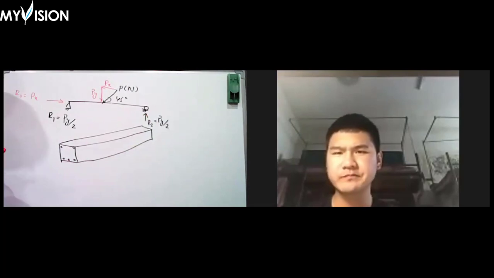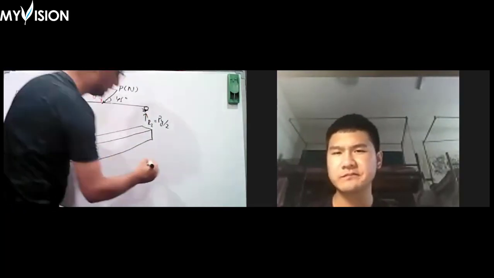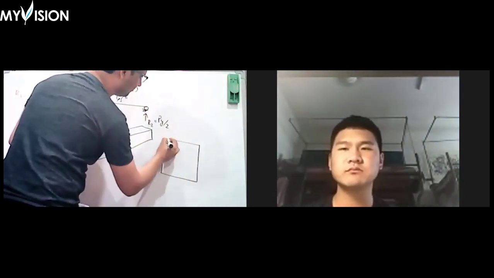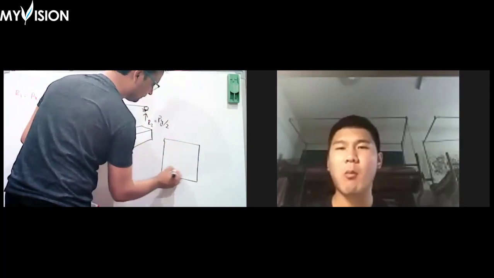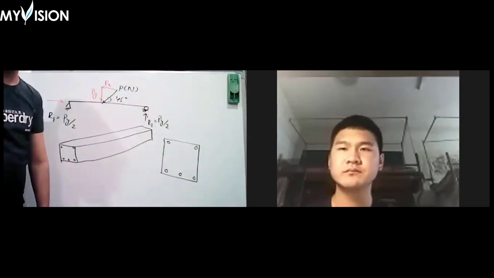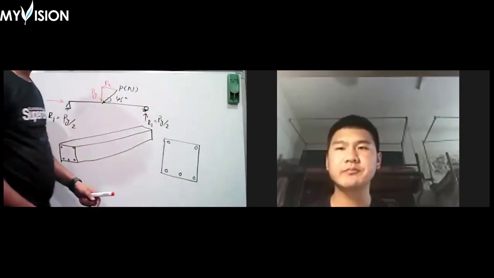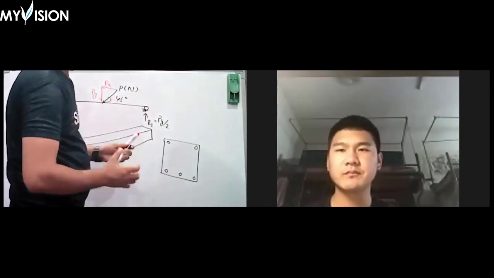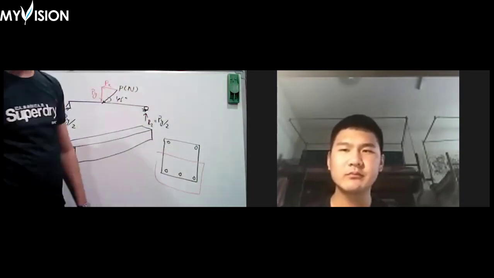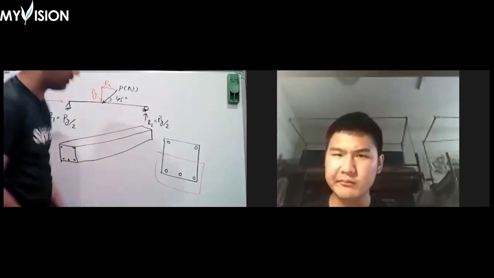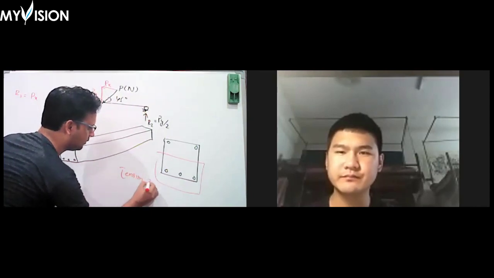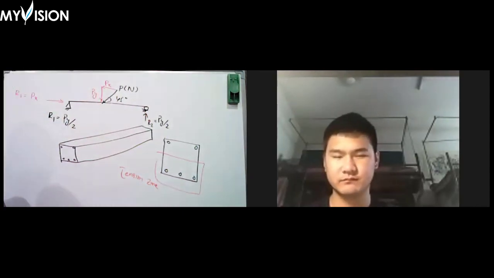Let me draw the cross section only. This bottom part of the beam will be called the tension zone.